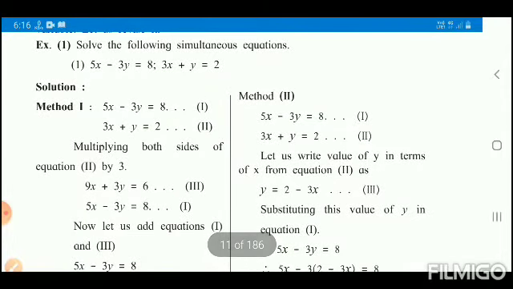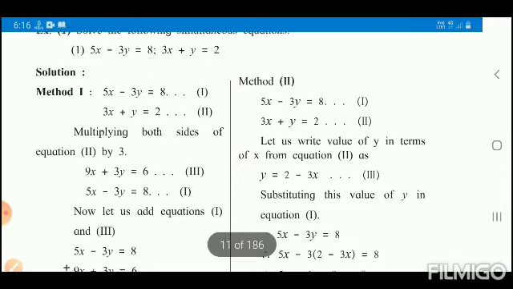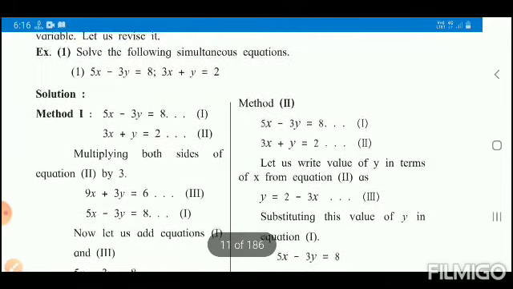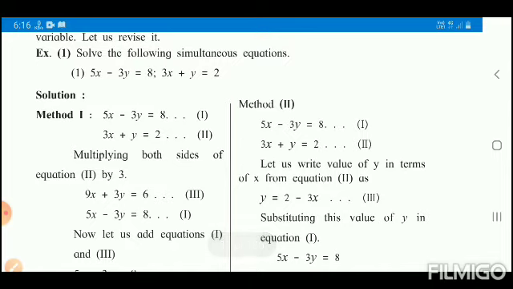Now we will see the example given in your book. Here they given the two simultaneous equations. These are 5x minus 3y is equal to 8 and 3x plus y is equal to 2. First method they given, if you will see here, we have to solve these equations, means we have to find the value of x and y.